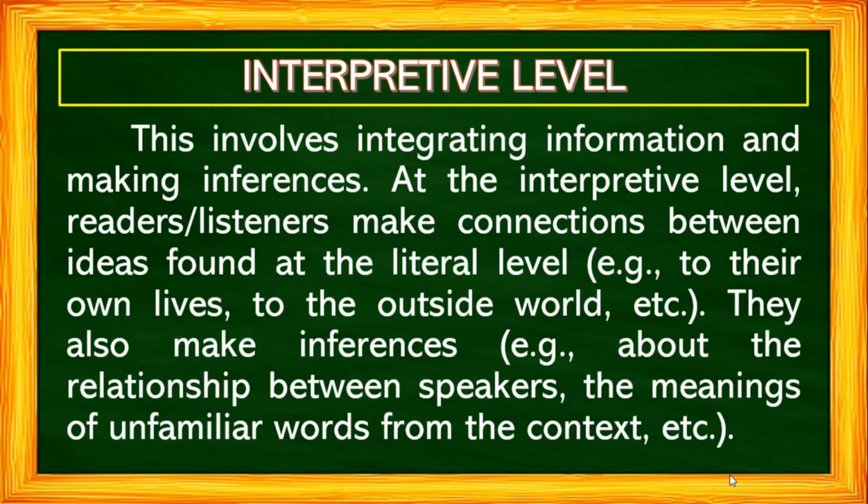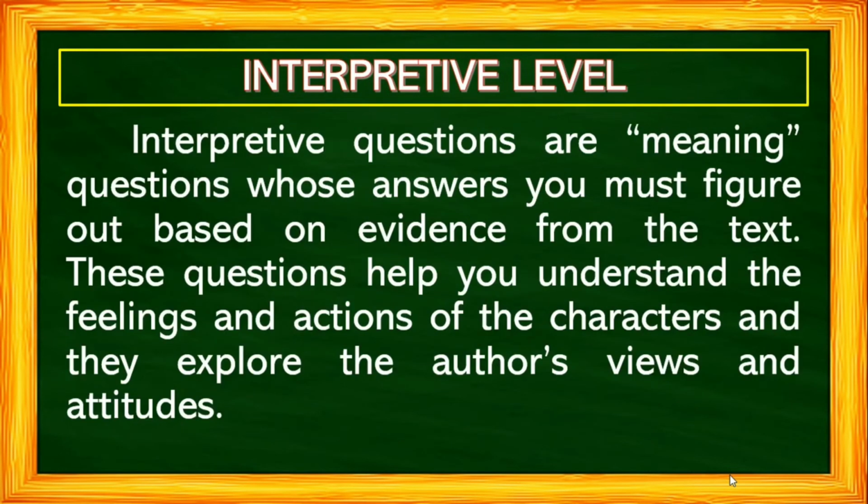They also make inferences, example, about the relationship between speakers, the meanings of unfamiliar words from the context, and others. Interpretive questions are meaning questions whose answers you must figure out based on evidence from the text. Again, you're going to figure out your answers based on evidence from the text under this level of comprehension.